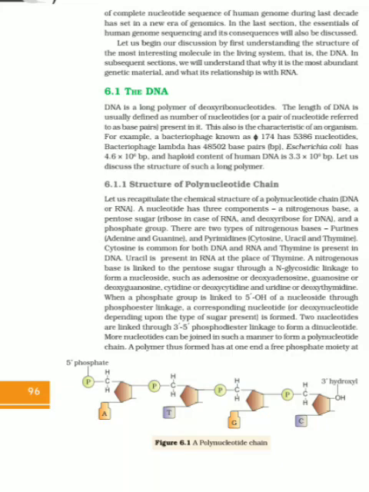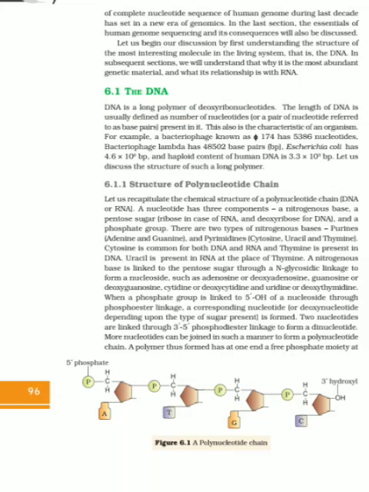The DNA is a long polymer of deoxyribonucleotides. The length of DNA is usually defined as the number of nucleotides, or pairs of nucleotides referred to as base pairs, present in it. This also is a characteristic of an organism. For example, a bacteriophage known as φ174 has 5386 nucleotides.